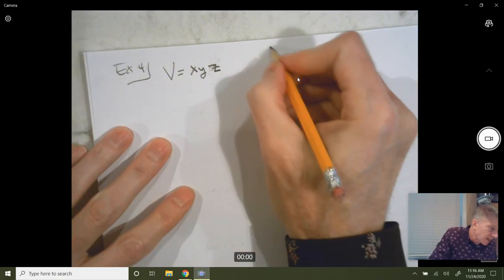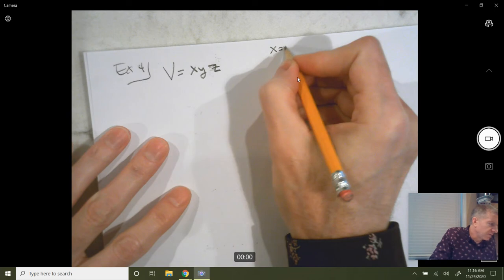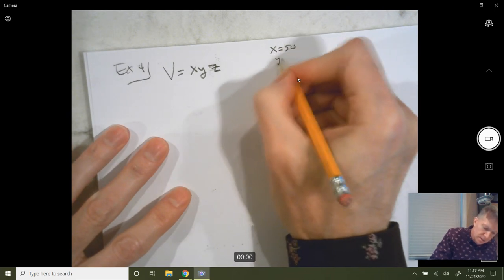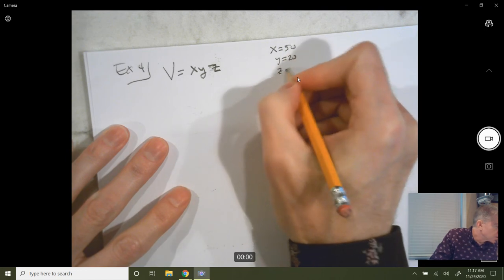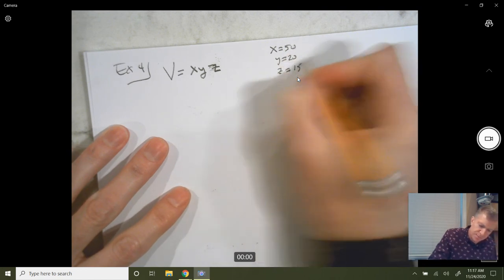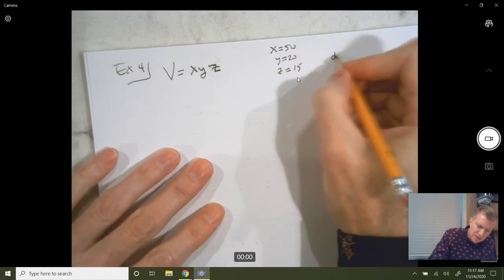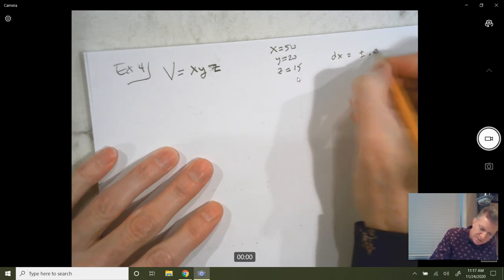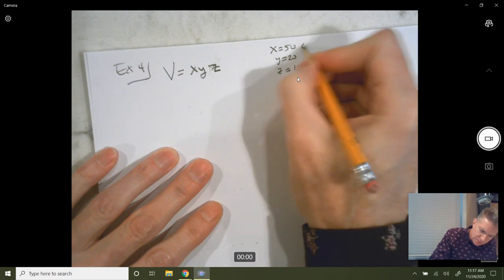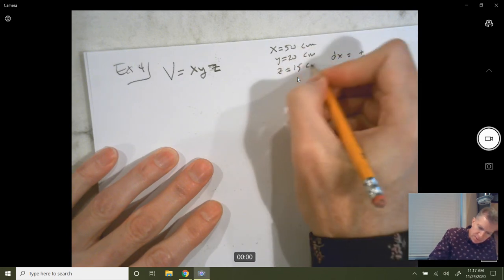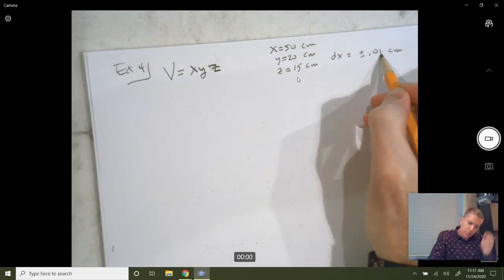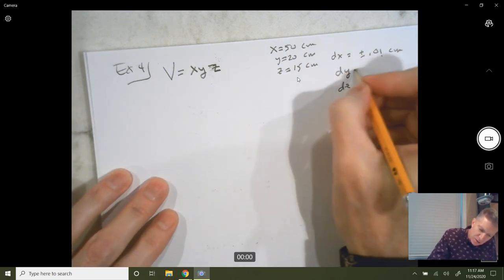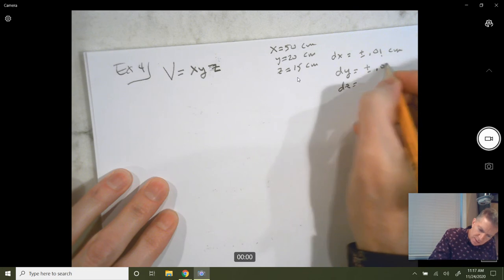All right. So you start with x equals 50, y equals 20, and z equals 15. But your dx, your error in measurement, is plus or minus 0.01 centimeters. These are all centimeters. So it was 0.1 millimeters, so 0.01 centimeters. dy and dz are also plus or minus 0.01 centimeters.